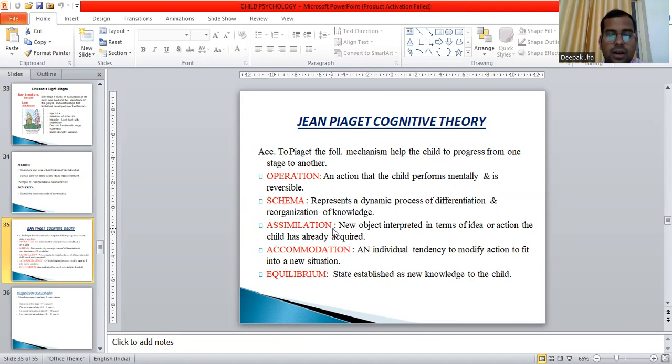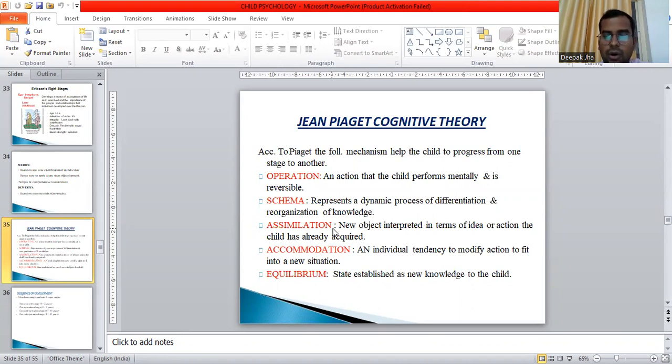Next, there is something called accommodation. Now let us consider the same example, but on the next day, instead of a cow, it was a buffalo or any other four-legged animal, a dog maybe. Now when the child sees the four-legged animal walking in the park, with his previous schema and assimilation of that schema, he calls it a cow.